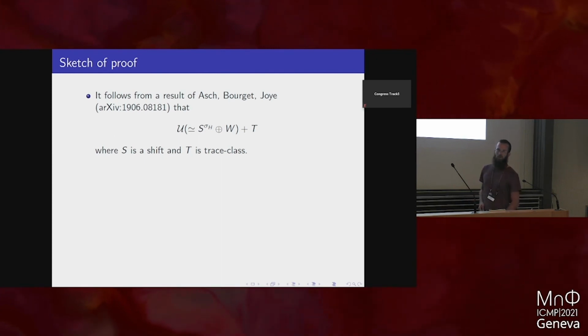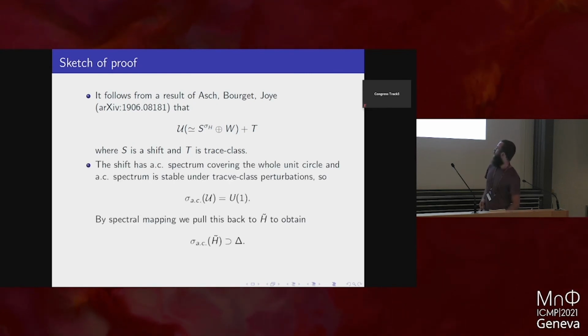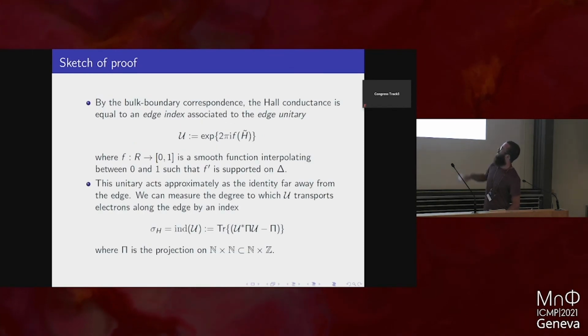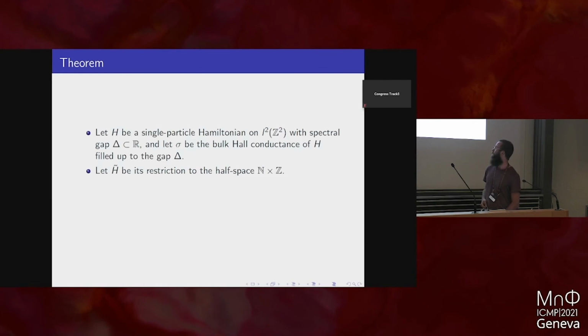Absolutely continuous spectrum is stable under trace class perturbation, so our edge unitary has absolutely continuous spectrum over the whole unit circle. And then you stare at the definition of U, and you see that this more or less immediately implies that the edge Hamiltonian H tilde has absolutely continuous spectrum where the function f has a non-zero derivative, which is precisely in the bulk gap. And that concludes the theorem.